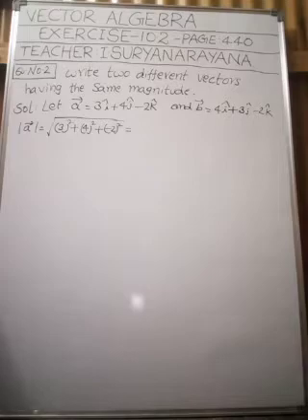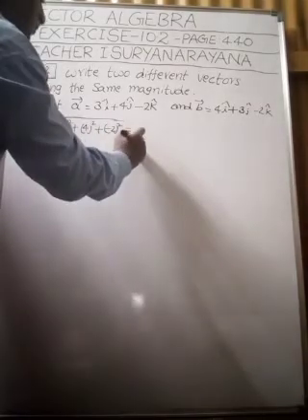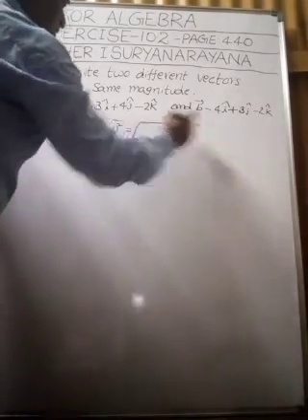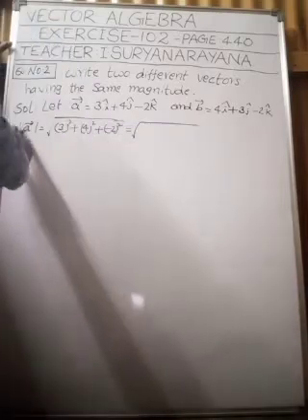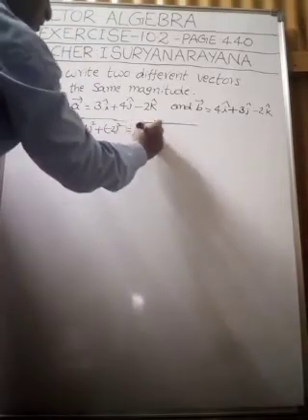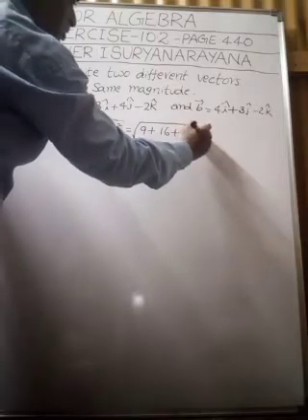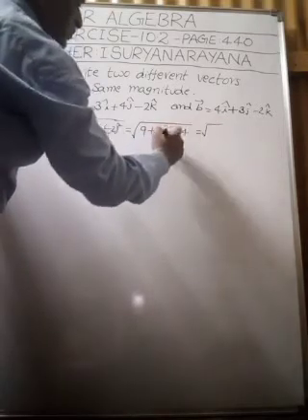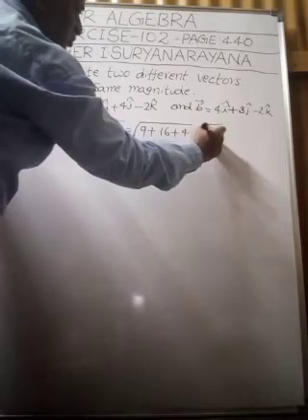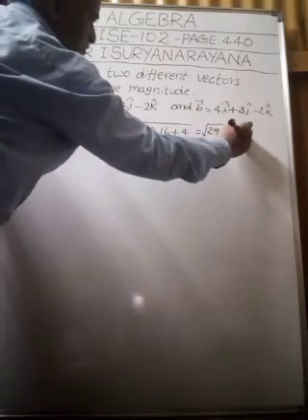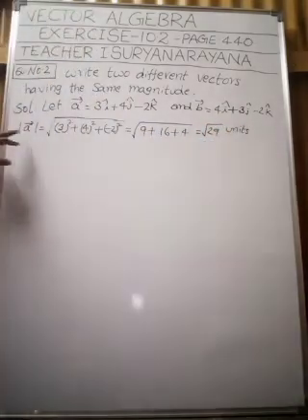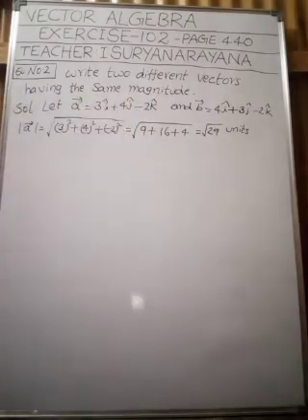By using the same knowledge here to find the magnitude of a bar, what you get? 9 plus 16 plus 4. Yes or no, my children? This implies that is equal to, what you will get? Root 29 units. So length of the vector a bar is root 29 units. Okay, my children, understood this point?